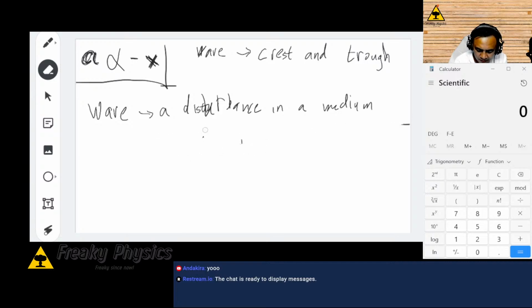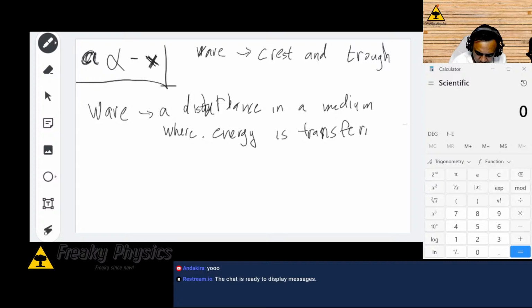So where energy is transferred but not matter.